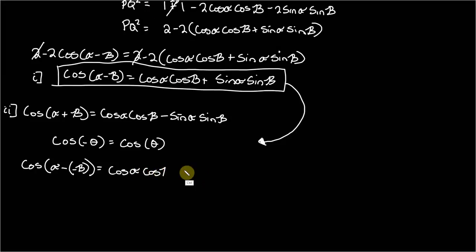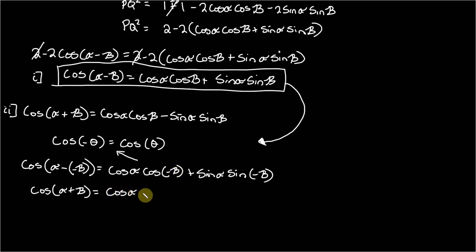Sorry, I should have written that as negative beta. And what happens here is the double negative becomes positive, so we get cos(alpha plus beta) equals, and from this simple symmetry identity, cos(negative theta) equals cos theta, so this is just cos beta, so we write cos alpha cos beta.